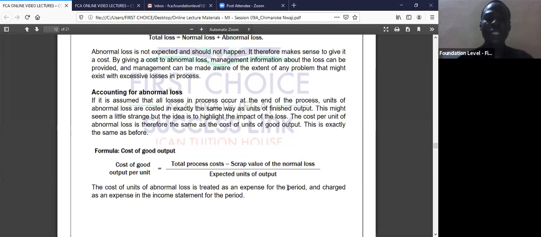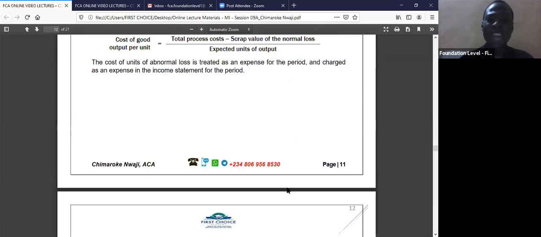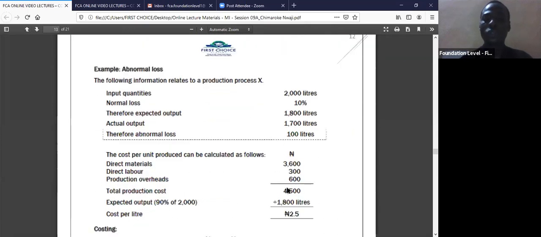And we said that abnormal loss is given the same value as you give to the good production, good output, because you didn't expect it. And so that would mean that someone who is responsible for that department that could not control the abnormal loss may have to pay because you did not expect that kind of loss.